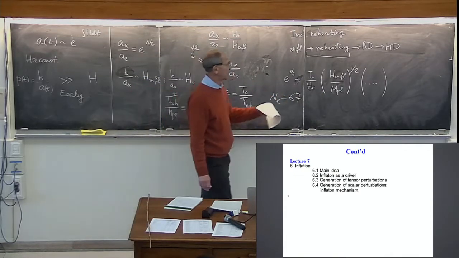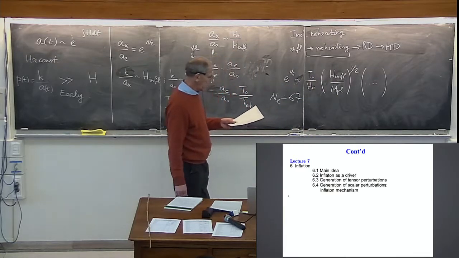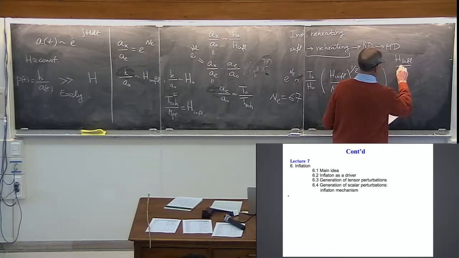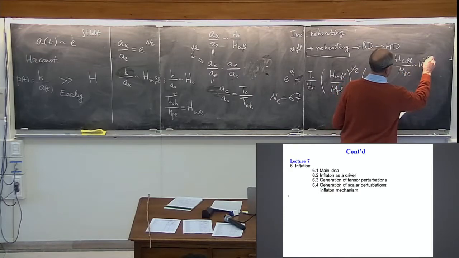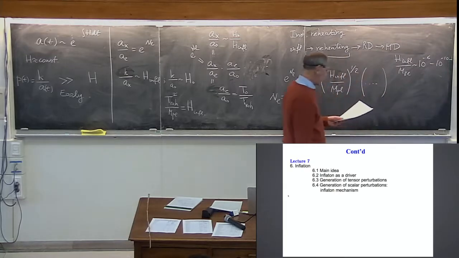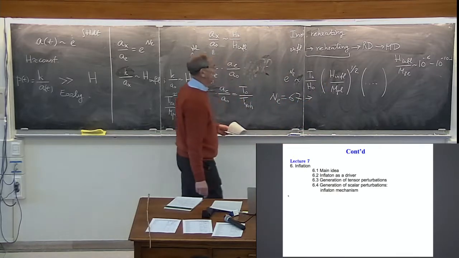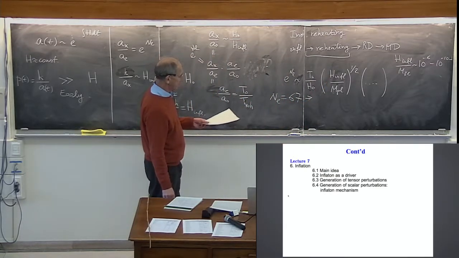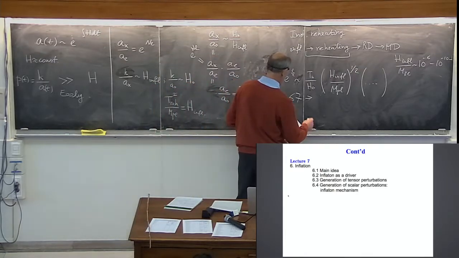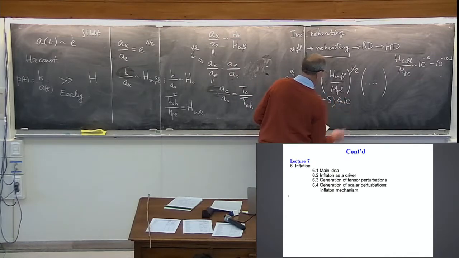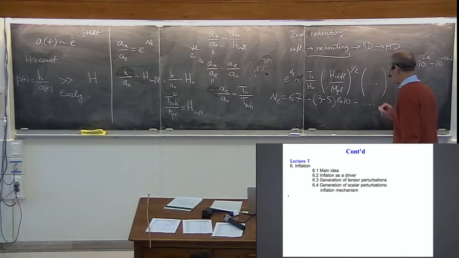We don't know exactly what the Hubble parameter at inflation is, but if we think that the Hubble parameter at inflation over M Planck, which is often the case, is on the level 10 to the minus 6 to 10 to the minus 10, then in logarithmic scale you have some uncertainty, so it's minus 3 to 5 of logarithm 10, and minus something else that comes from the unknown dynamics of reheating.